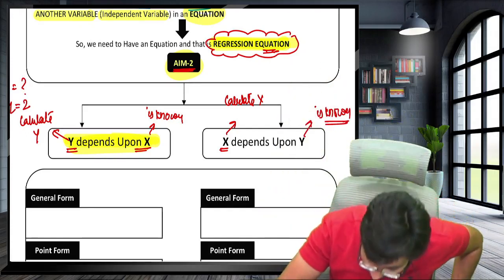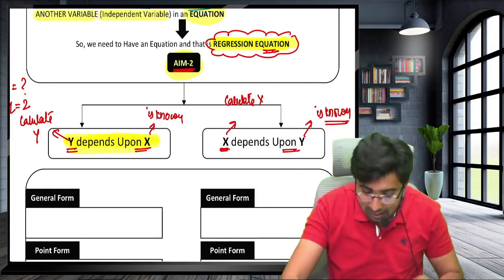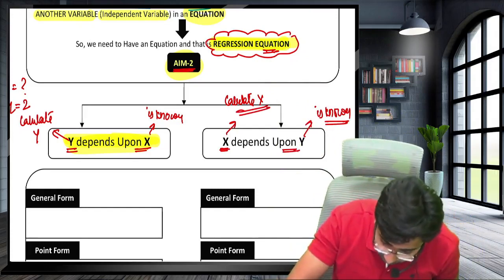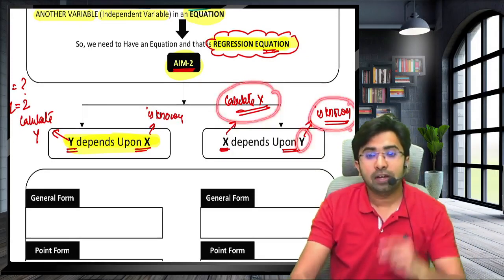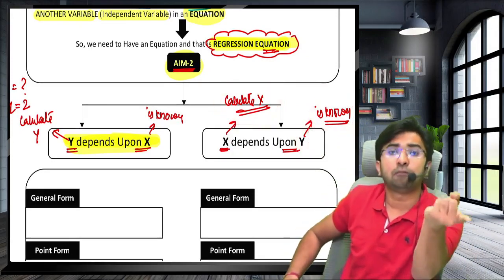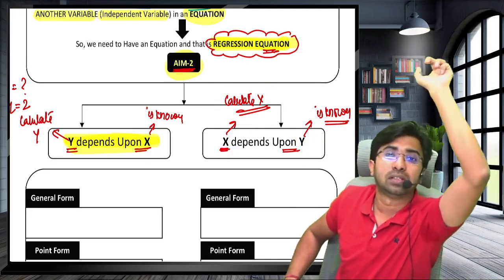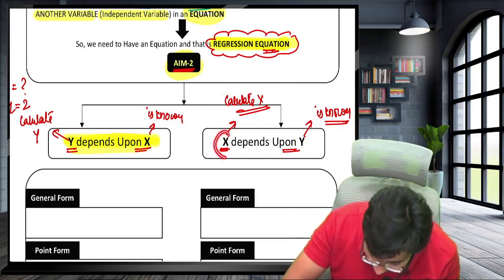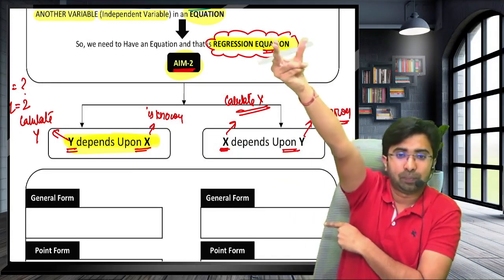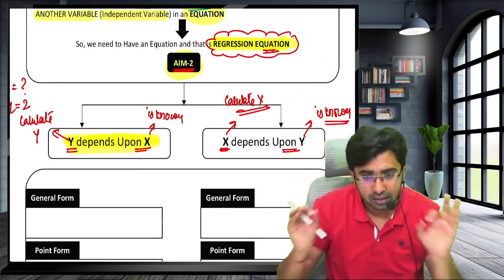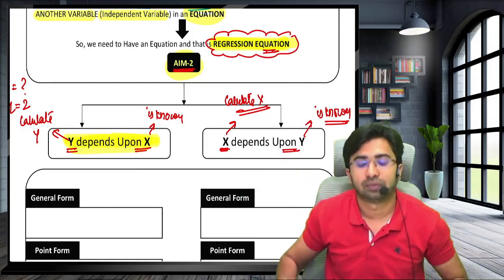What do you mean by x depends upon y? It means I have to calculate x, and the value of y is known. If I need to calculate y, I will say calculate the y on x equation. And if I need to calculate x, I will say construct the x on y equation. Is this point clear or not, guys?